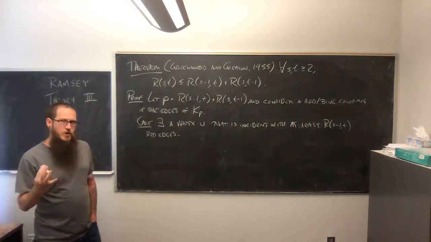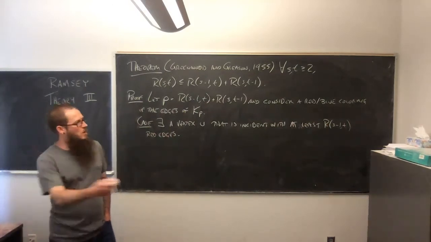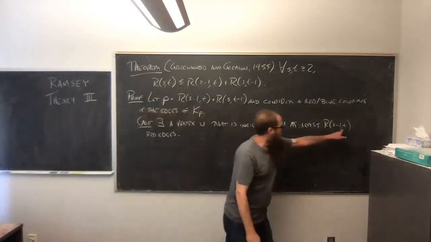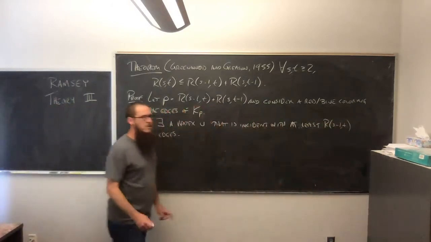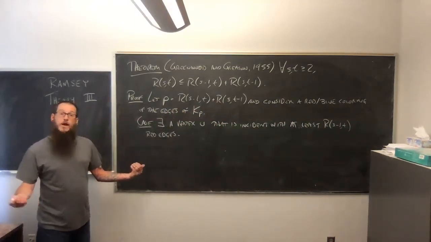So without loss of generality, I'm going to assume that U A1 all the way up to U A sub R(S minus 1, T), that is my collection of red edges.